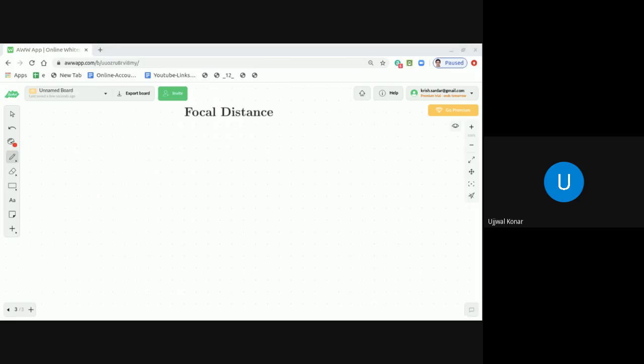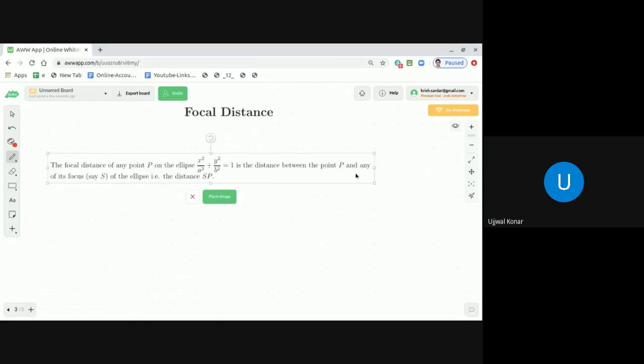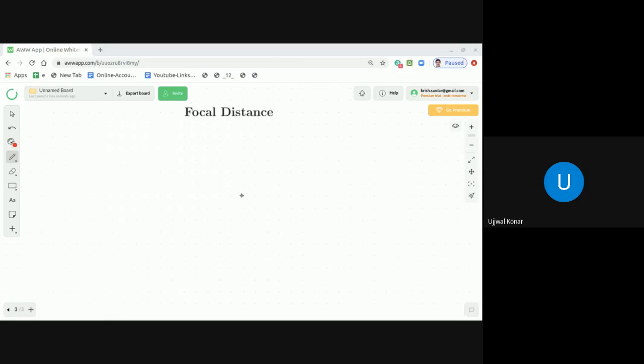We know that the ellipse has two foci, so we are going to take one of them. Let me bring the corresponding diagram so that it will be helpful for us to understand the discussion.